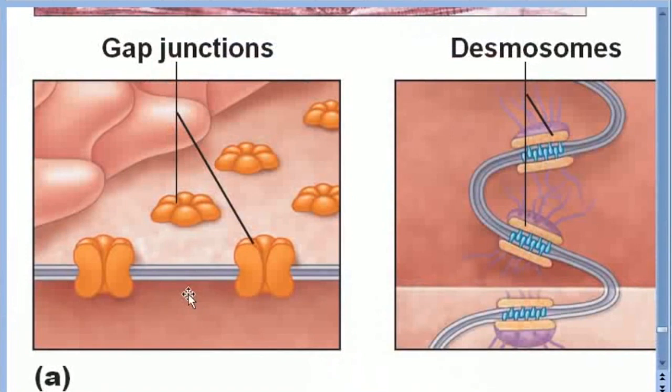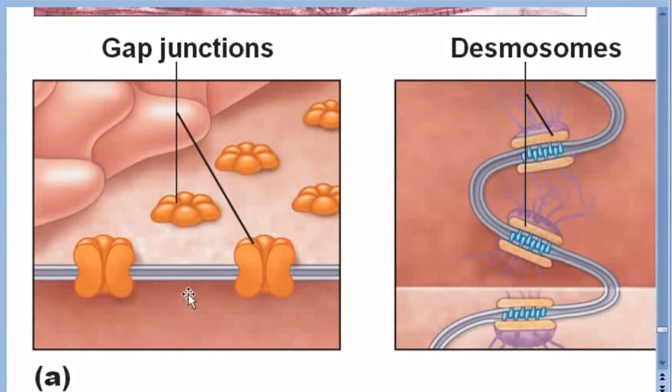Yeah, stuff to get in and out. That's a good way to say it. It allows for communication between the cytoplasm of the 2 different cells. Because cardiac muscle has gap junctions, it helps the impulse spread through the cells.